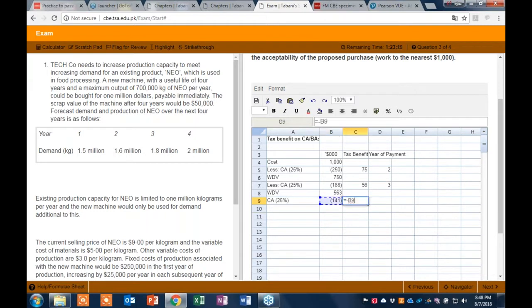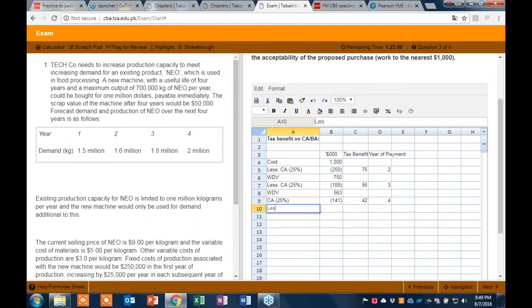And then we'll take 30% of this amount as our tax benefit, which will be approximately equal to 42 and will be shown in year four. Remember, this capital allowance is for year three, but because of arrears, it will be shown in year four.